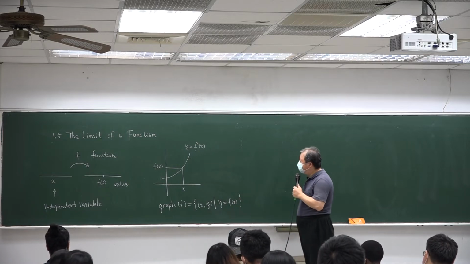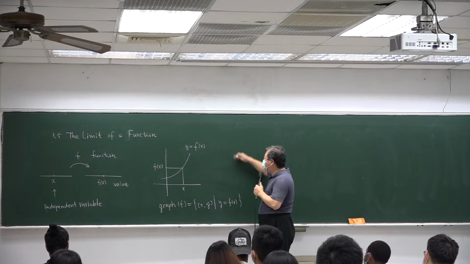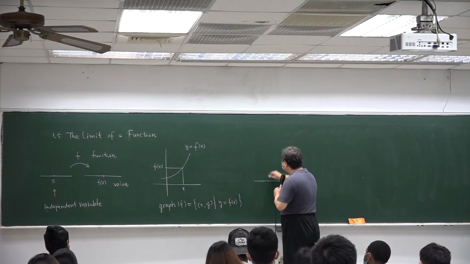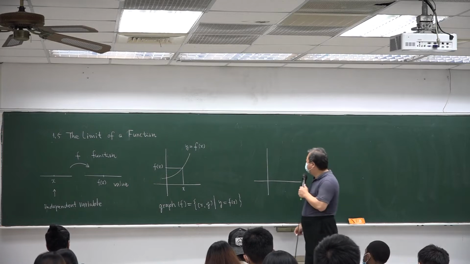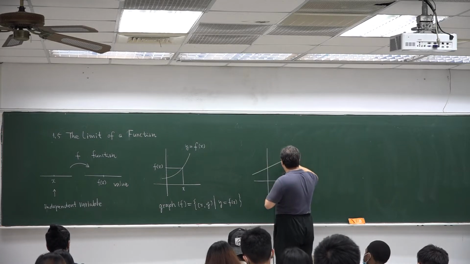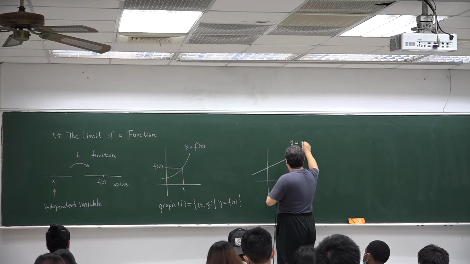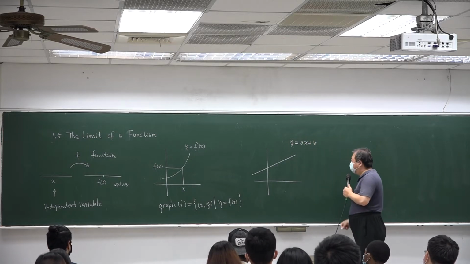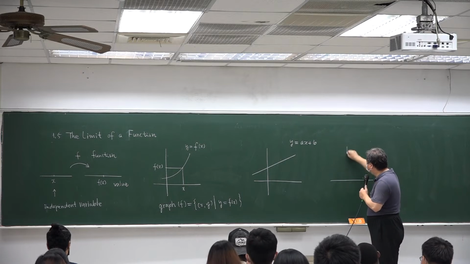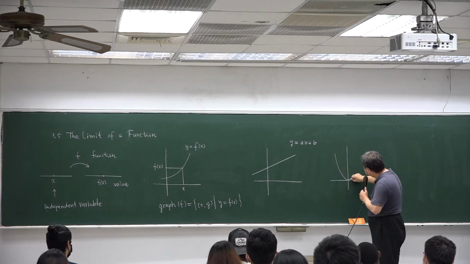If the relation is a linear function, then the graph may be a straight line, or for a quadratic function, a parabola.